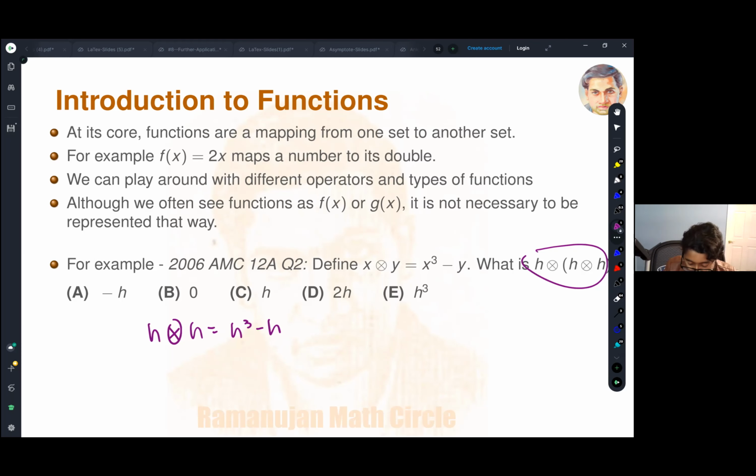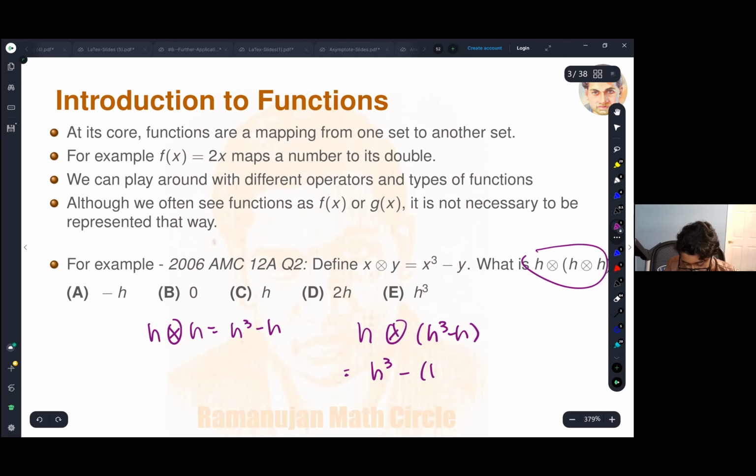Then we replace the stuff in the parentheses with h cubed minus h. Now we get h cubed minus h cubed plus h, which is equal to h, because this cancels out.